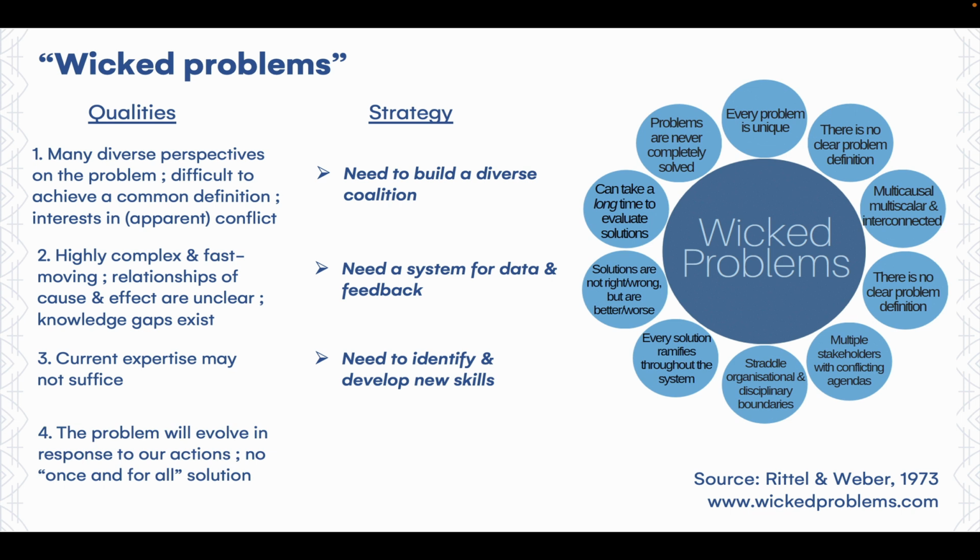And finally, because the problem is evolving in response to our actions, this system we create for problem solving needs to include rituals to learn over time. So this is the most complex form of problem solving that we know of, that requires us to think differently and in this collaborative way, which is why we need the intelligence of the group.